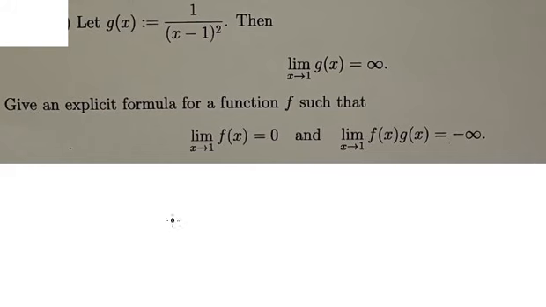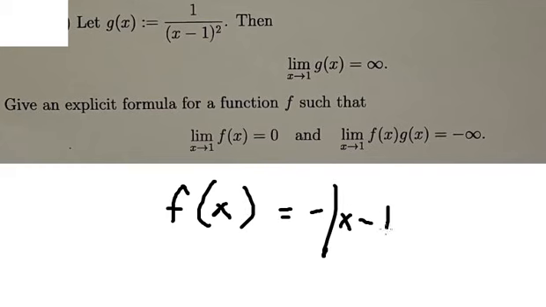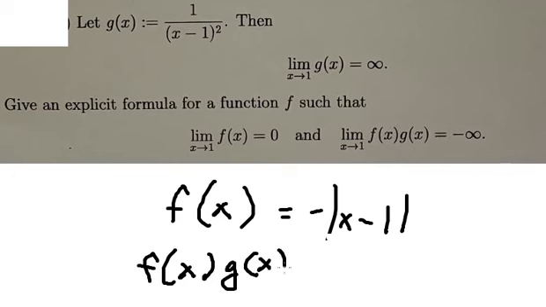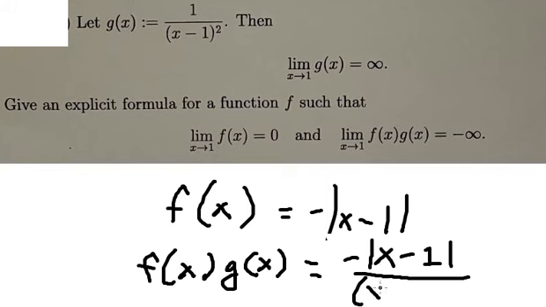In this situation, there is only one function, that's negative, the absolute value of s minus 1, because if we multiply f of s with 3 of s, you will have this: negative with the absolute value of s minus 1 over s minus 1 to the power of 2.